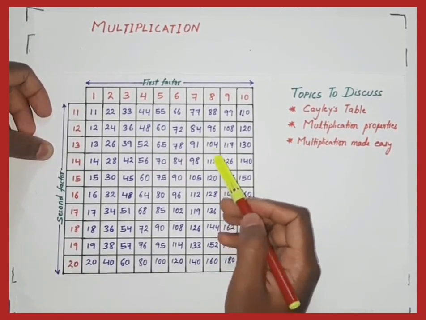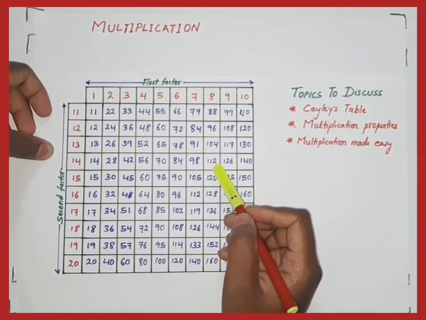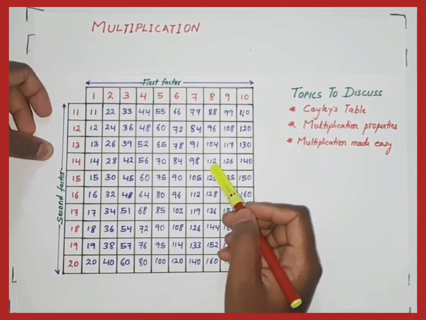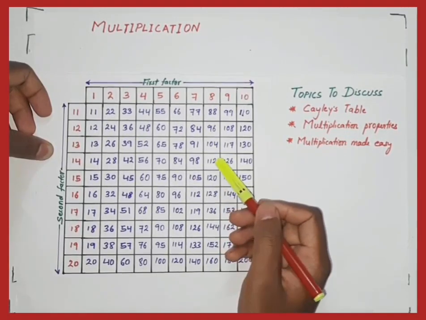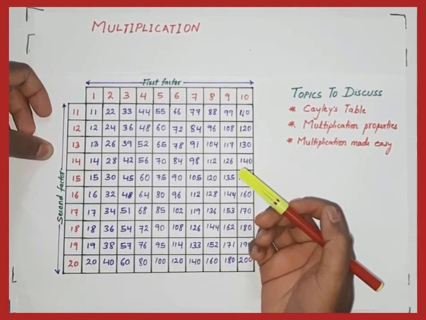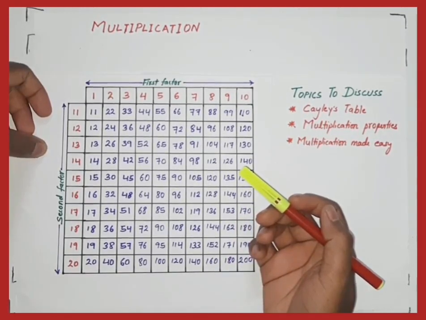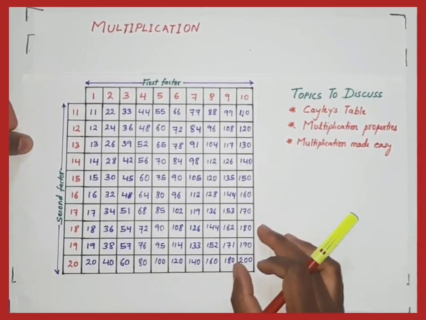Just add 8. 104 plus 8, if you add, it will come to 112. So you can relate from the previous table, isn't it? So I recommend that you just draw this table on a piece of paper and place it in front of your study table, isn't it?